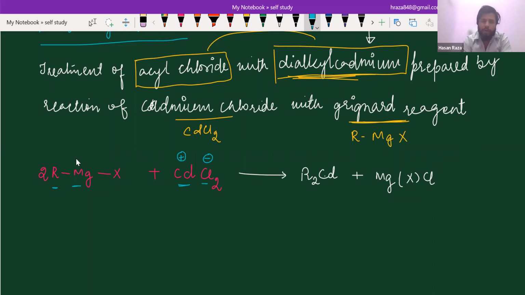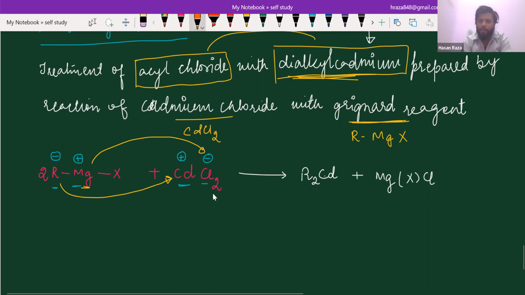Magnesium is a metal, so it is electropositive, so I write positive here and negative here. Positive is attracted by negative and negative by positive. In this way, Mg forms a bond with chlorine, so it will be MgCl, and you can balance it by multiplying by 2.